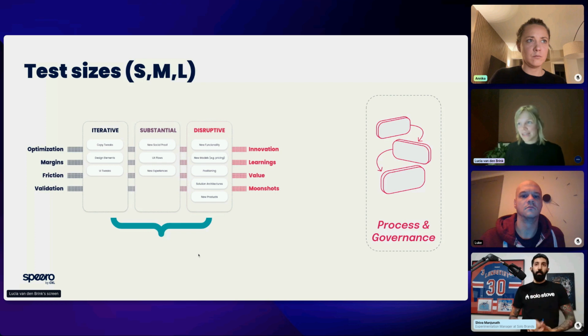Maybe you can only test substantial, medium-sized tests, or maybe you can only do really big things. If you have the opportunity to do all, which was the case in this retailer, that's great. But when it comes to disruptive testing, an organization might start thinking, hey, if we're going to test something so big, maybe we need to improve the quality of testing again.